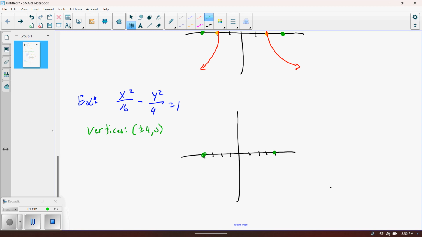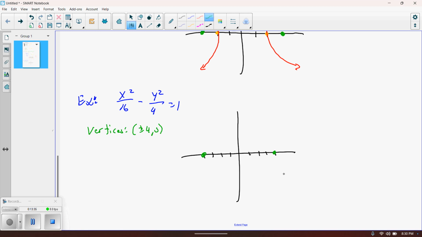You could pick other points to make it a little bit better of a sketch, which would be great. Again, once we learn how to do the asymptotes, that'll really help as well. But we could just basically sketch this thing right from here. Let's go ahead and find the foci, though. I think that'll make it a little bit easier, because then you know at least how to surround that.